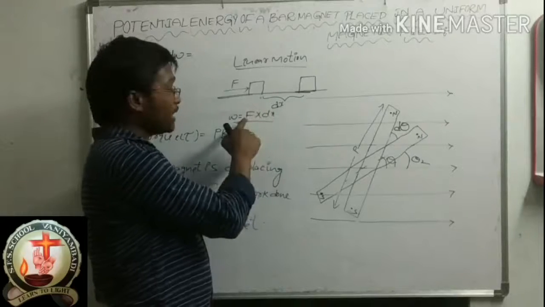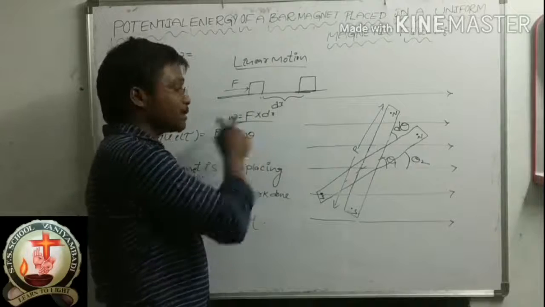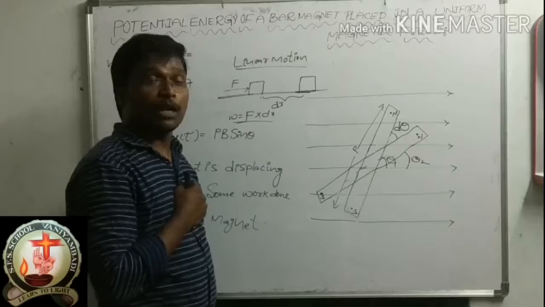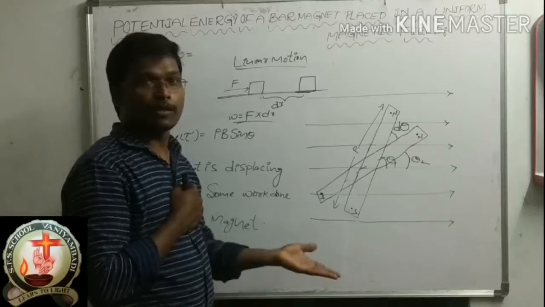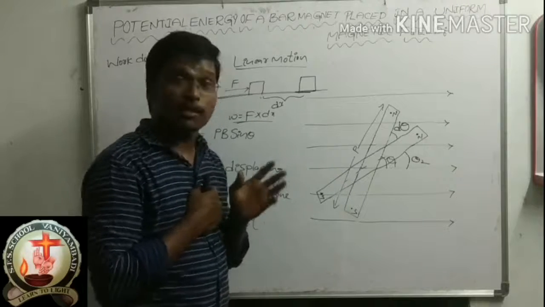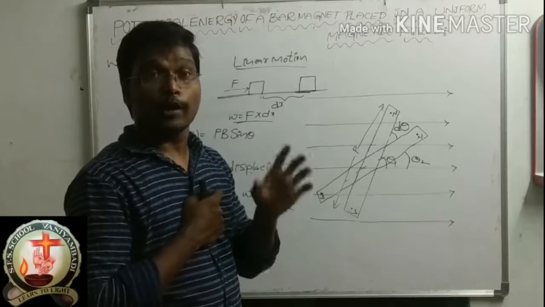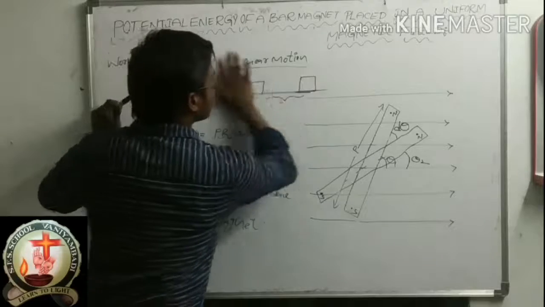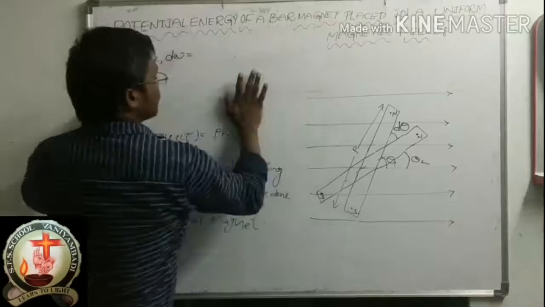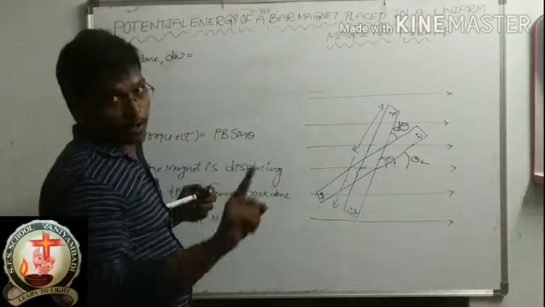In angular motion, in the place of force, we should write torque. And in the place of displacement, we should write perpendicular distance, or distance only. Okay? So in angular motion, what is the work done formula? Torque into displacement. So I am writing this formula.